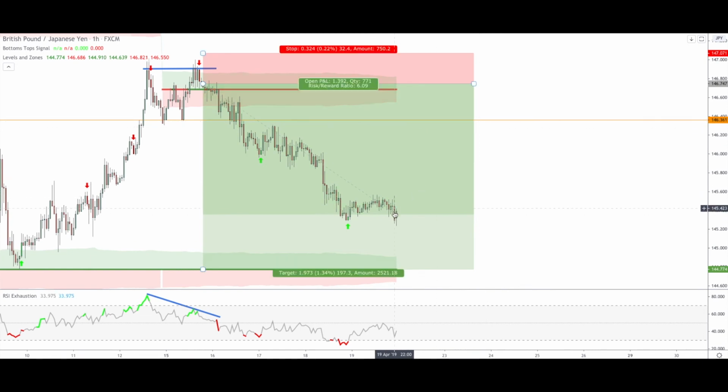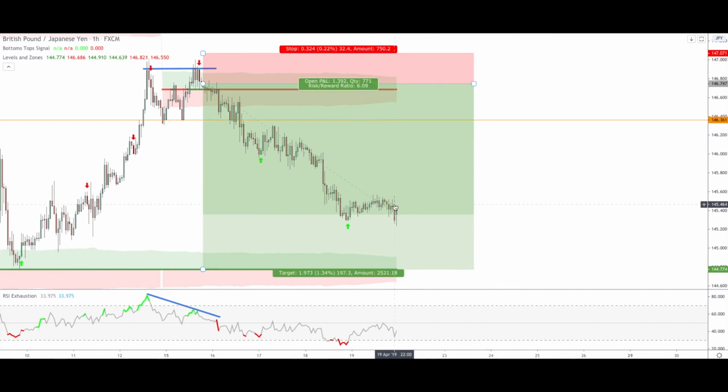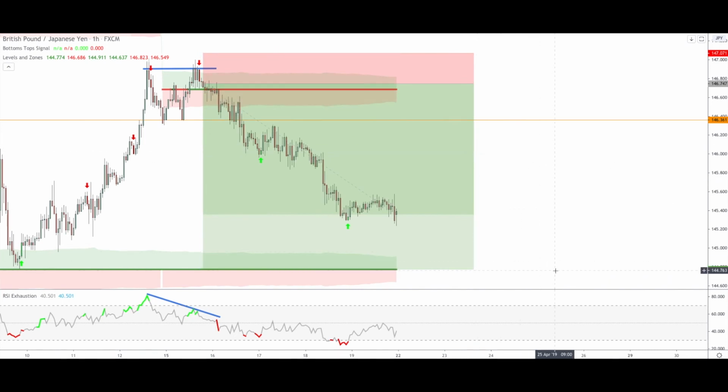So if the price comes all the way back up here, then I'm out of the trade with more than a 1x return. But of course we are expecting the price to move lower. I'm just setting the break-even level this high because I want to give the price enough room to move, because the price might move this high at this level here and then eventually go down.